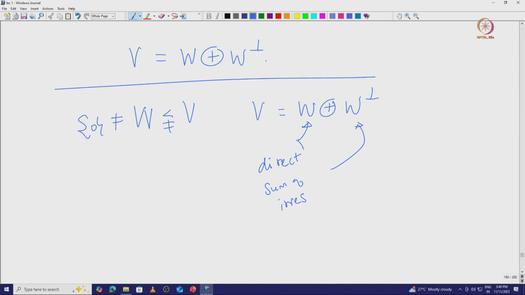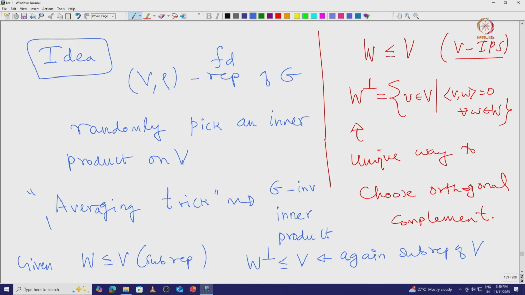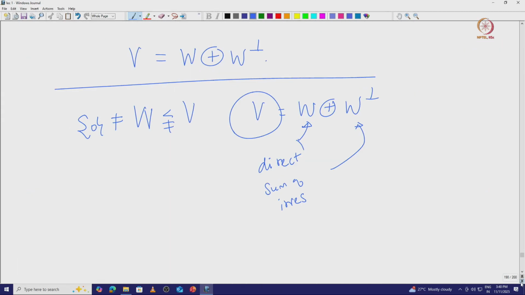Then putting all these irreducible sums together, we will be able to say that V is indeed a direct sum of irreducibles. So, this is how one can prove complete reducibility for finite groups. The main idea is this averaging trick. Let us see how one actually does that.